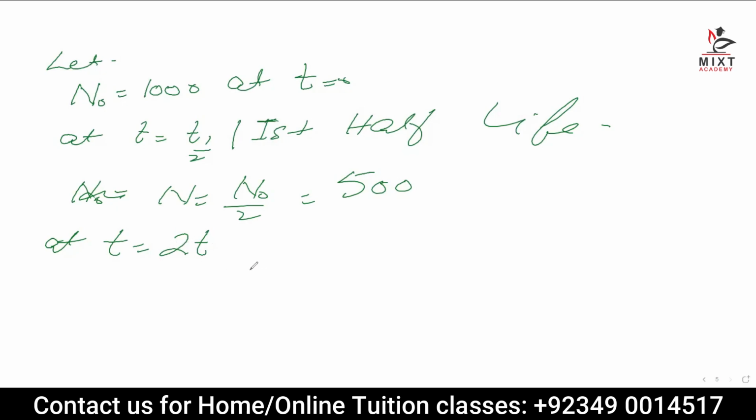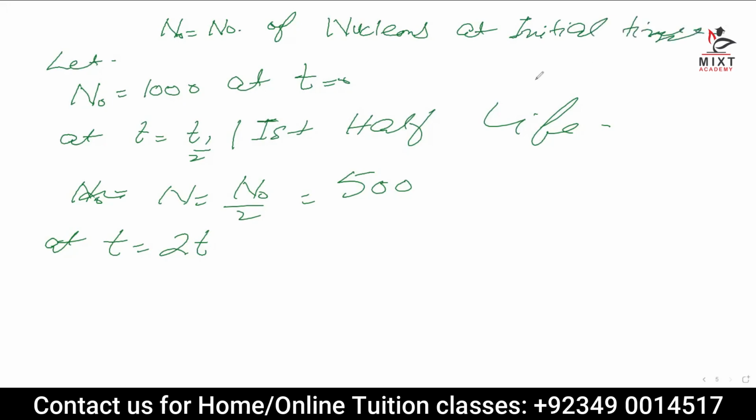Sir, can you write down the formulas we need to know? Because I'm getting a bit confused in some parts. N naught is the number of nucleons at initial time. Initially it was 1000.